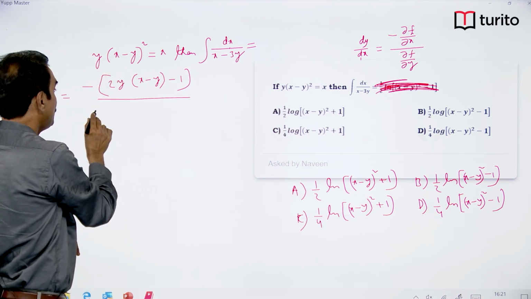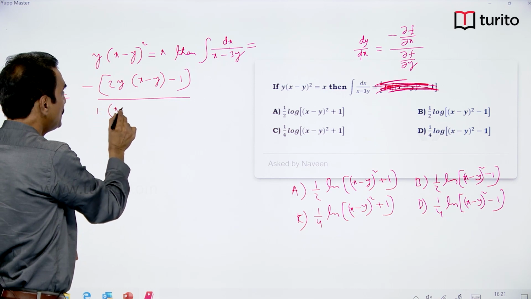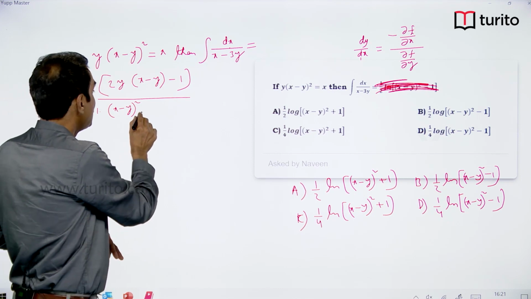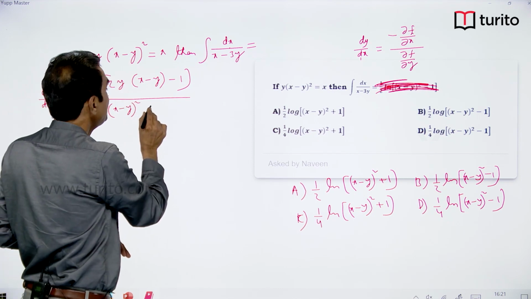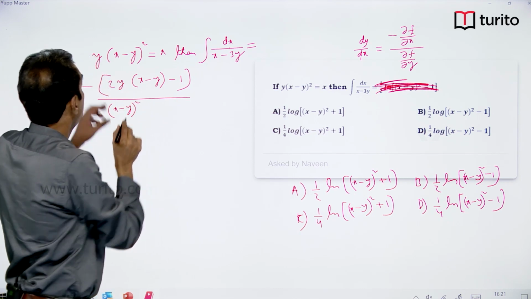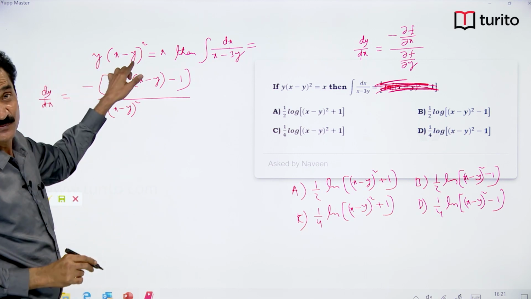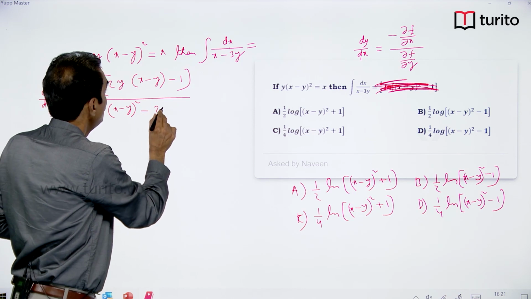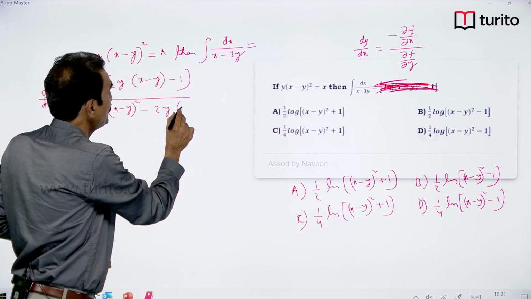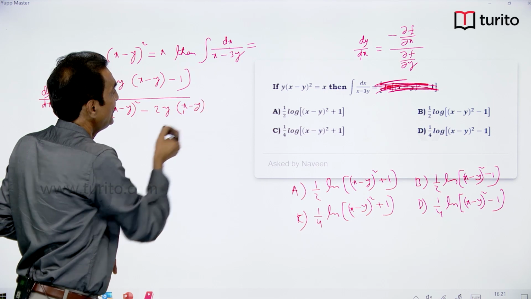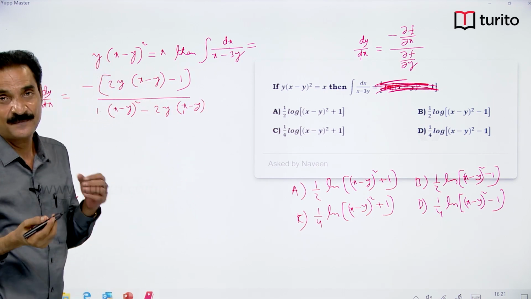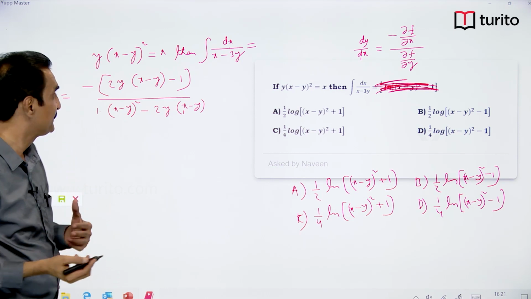It is product rule: 1 into (x minus y) whole square, plus y into 2 into (x minus y) into minus 1. So, it becomes minus 2y into (x minus y), and the derivative of x is 0 because we are differentiating with respect to y partially.